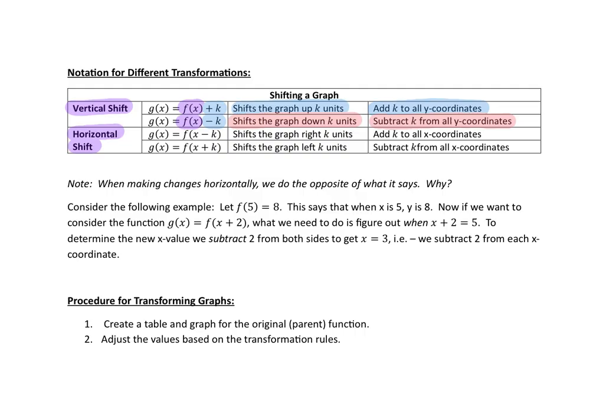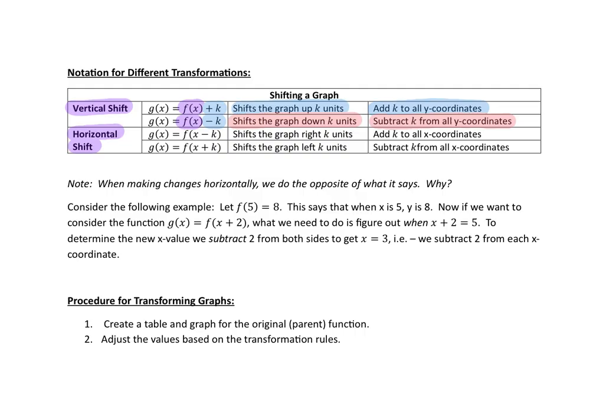When we talk about vertical, we do exactly what it says. If it says add, we add. If it says subtract, we subtract. All right, that takes care of vertical.